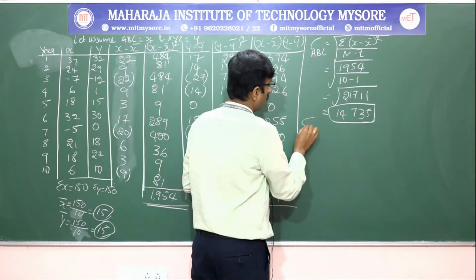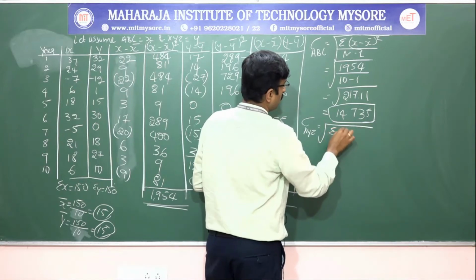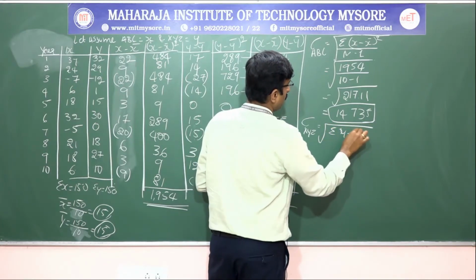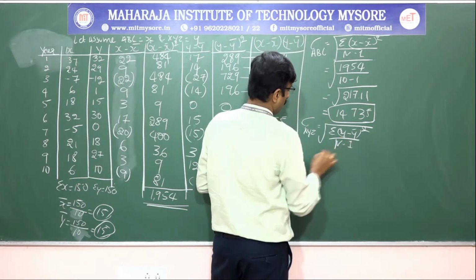Do the same thing for XYZ, that is root of sigma (y minus y bar) whole square divided by n minus 1.